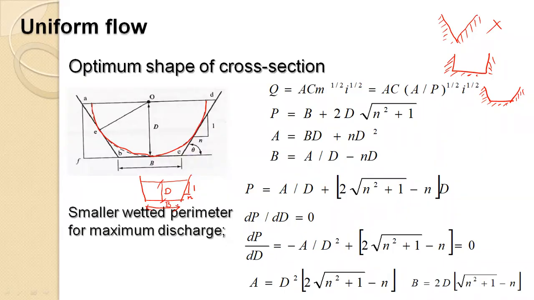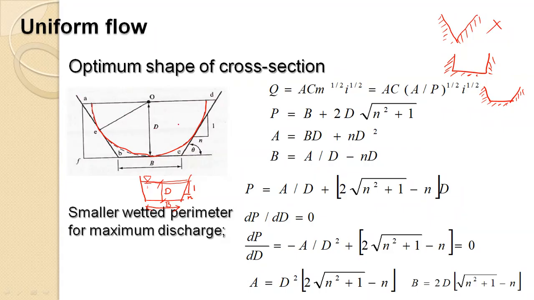Now, to do that, since this is the free surface, we have to fix the area in a way. The reason is you can keep on increasing the water level, keeping the side slopes constant, and that would increase the cross-sectional area.